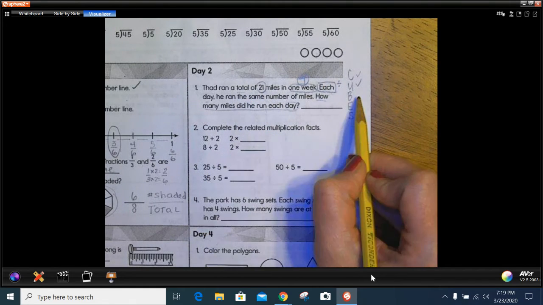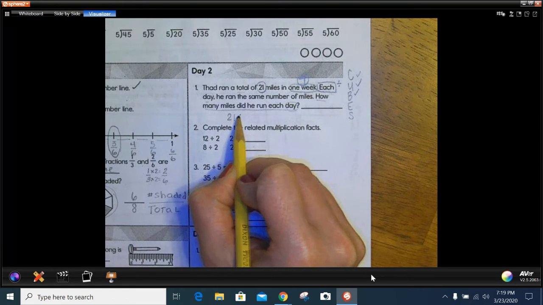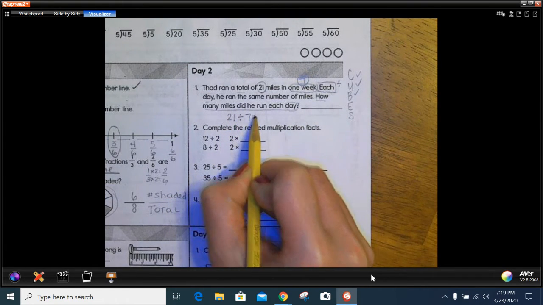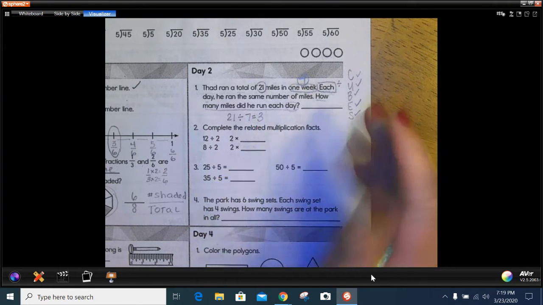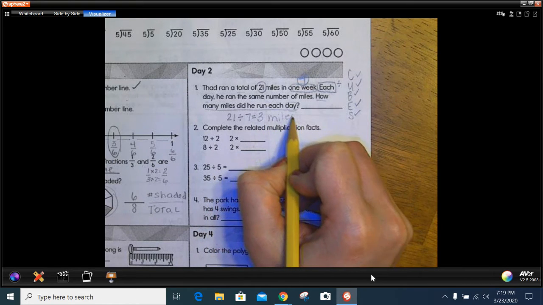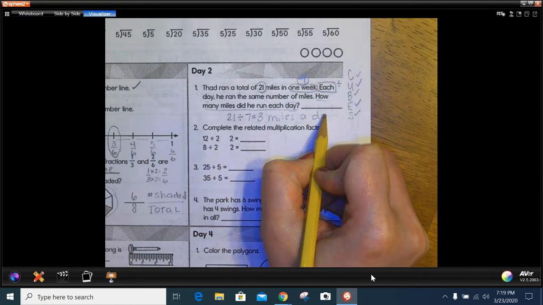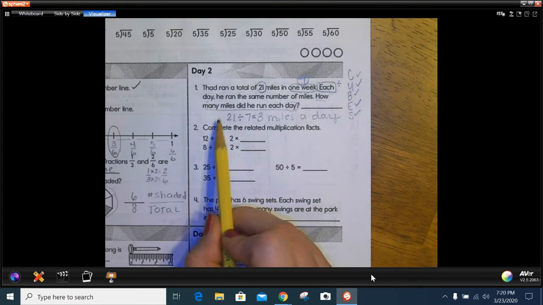We already have the total. Evaluate our steps and write out our work. 21 divided by 7 equals, and solve, 3 miles a day. Nice job for him, Thad. 3 miles a day, guys.